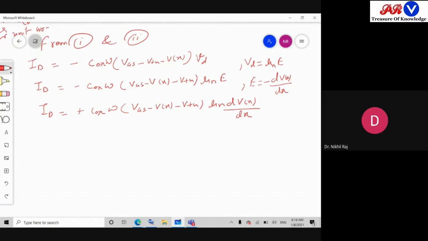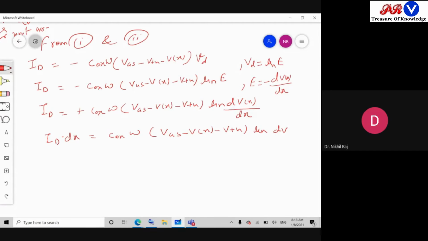Now we will integrate both the sides. So let's say ID into dx will come here, and at this side it will be Cox W, VGS minus V of X minus VTH, mu n into dV. Fine.